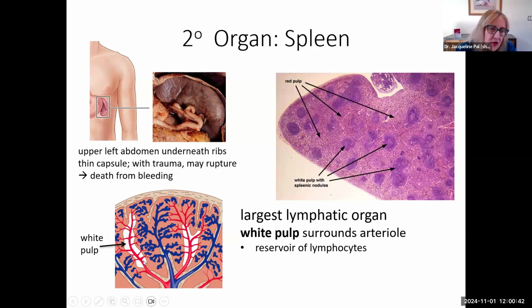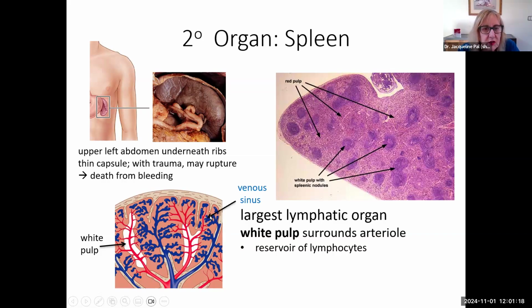Now, blood normally comes into an arteriole, goes through a capillary bed, and then goes into the veins. Okay, so the spleen's a little bit different in that it doesn't have a normal capillary bed. It opens up into this lake-ish area, which is this whole pale pink area, which then drains into these tortuous venous areas, which will eventually drain into the veins.